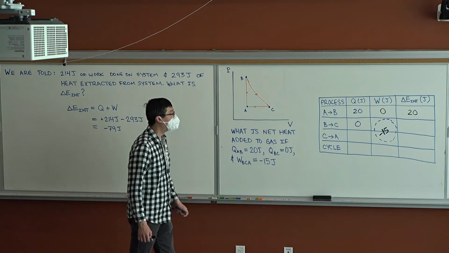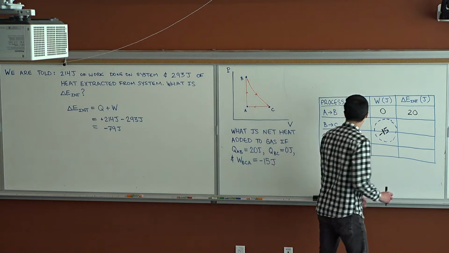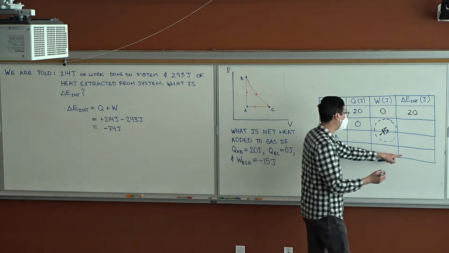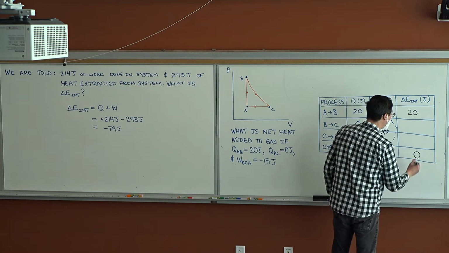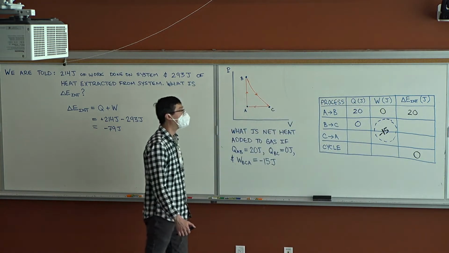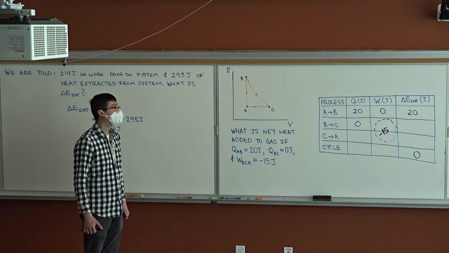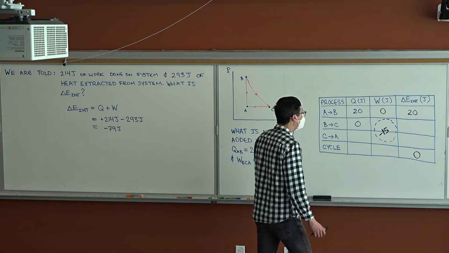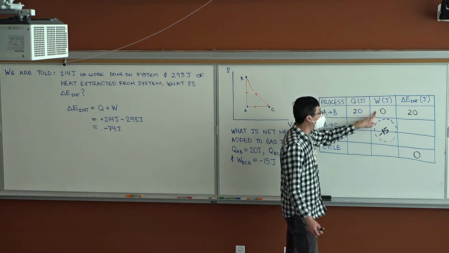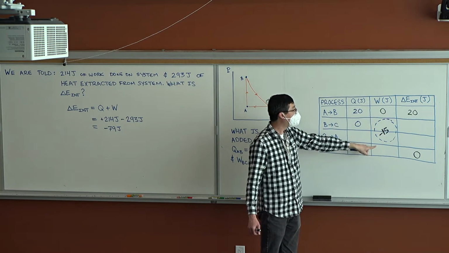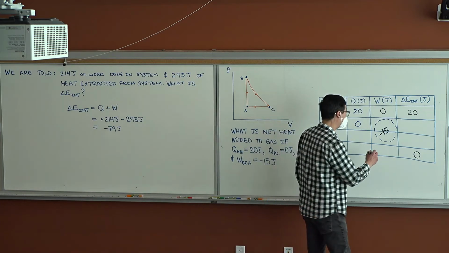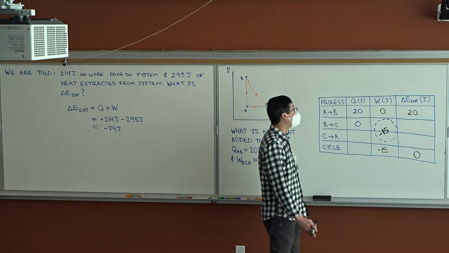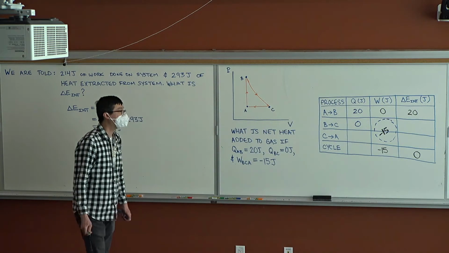I also know that for the whole cycle, since we're returning back where we started, that delta E for the whole cycle is 0. I know that if I add straight down the total work done on the gas is minus 15 joules.